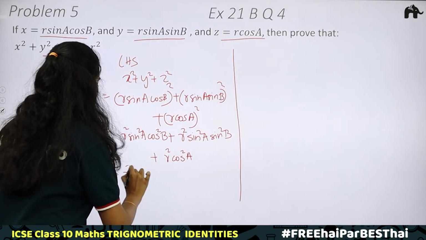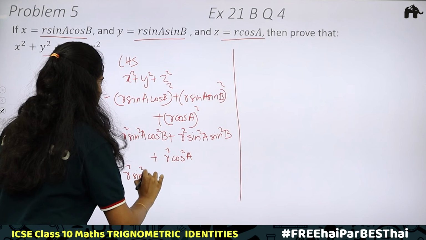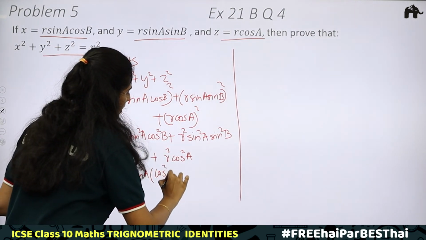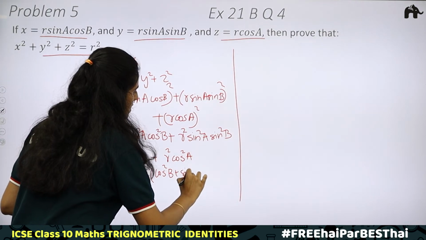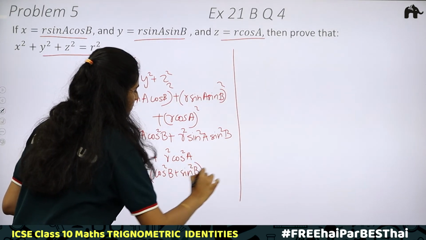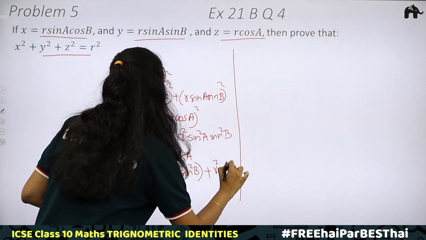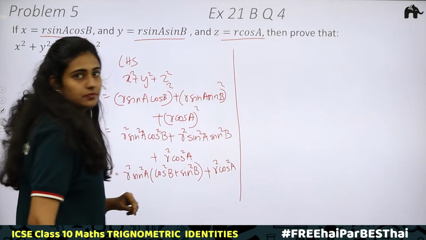We get r square sin square A into (cos square B plus sin square B) plus, remaining, r square cos square A.